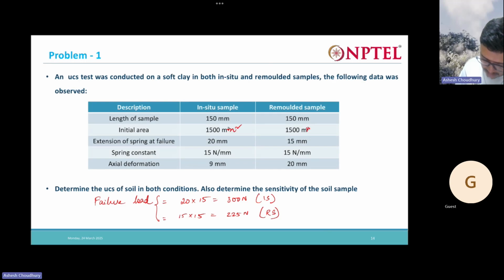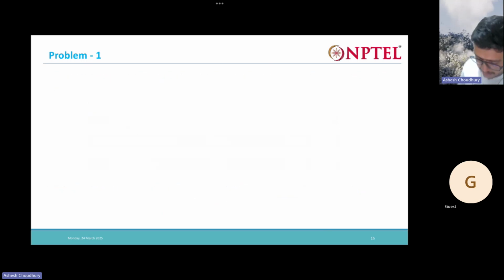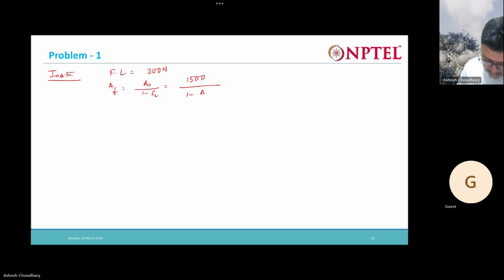Okay, not meter square. This is the corrected area.